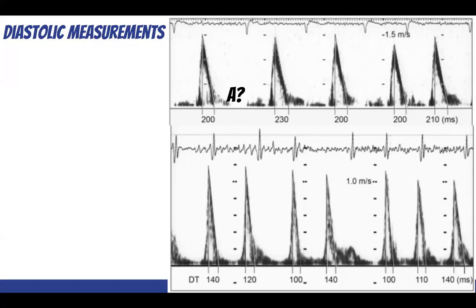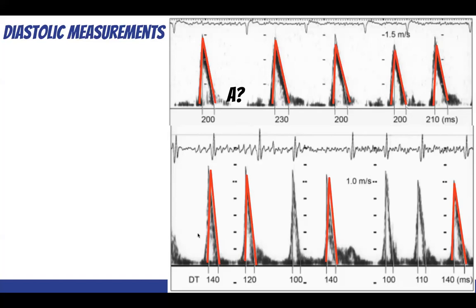So what is recommended is that the deceleration time has a good predictive value. You measure deceleration time in those E velocities that end before the onset of the QRS. In this one, all of them end before QRSs, so you can measure all of them and then draw some conclusions. In this one, not all of them end before the QRS.